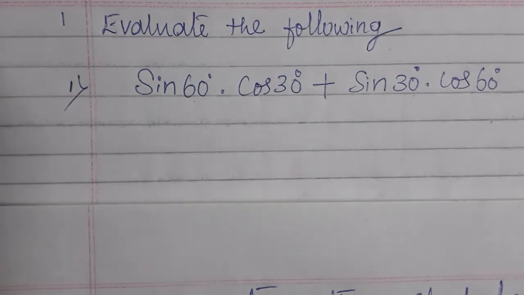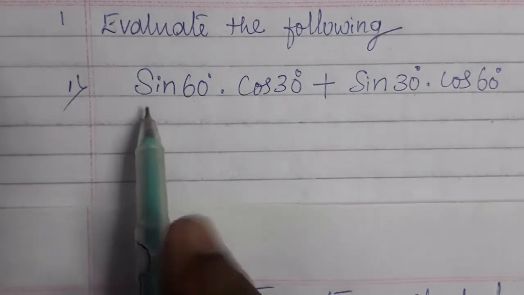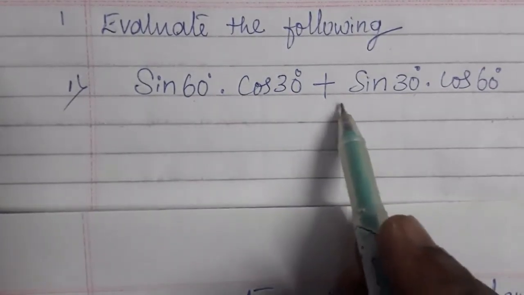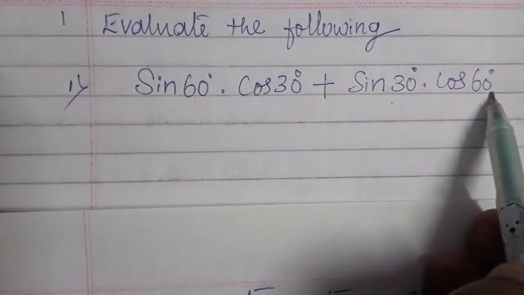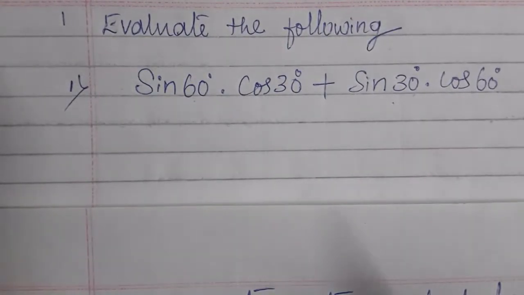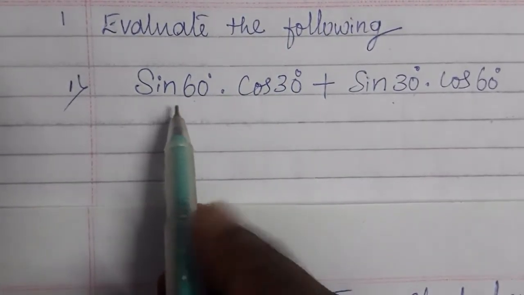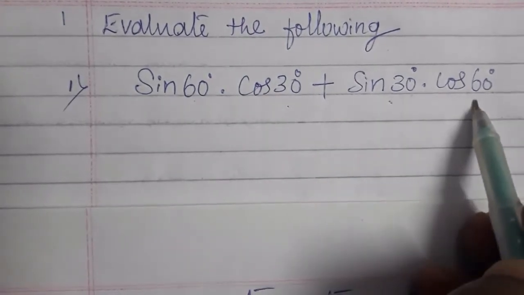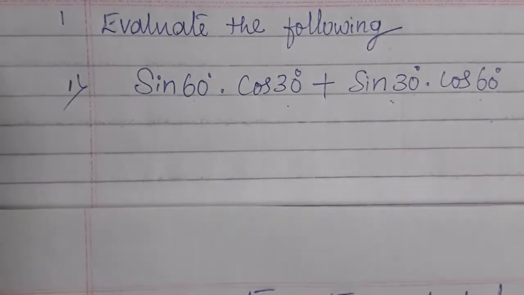Let us solve a few problems related to trigonometric ratios for the standard angles. First question: sin 60 into cos 30 plus sin 30 into cos 60. To solve this, you have to remember the values of sin 60, cos 30, sin 30, cos 60. Till you remember, you can take the reference of the table.